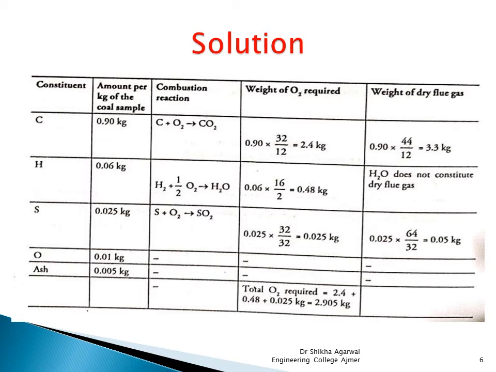Now sulfur gives you sulfur dioxide. So when 32 grams of sulfur burns, you get 64 grams of sulfur dioxide. So when 0.025 kg burns, then you will get 0.025 into 64 by 32, that is 0.05 kg. So these are the two flue gases that you are getting by the combustion of constituents that are present in the fuel sample.